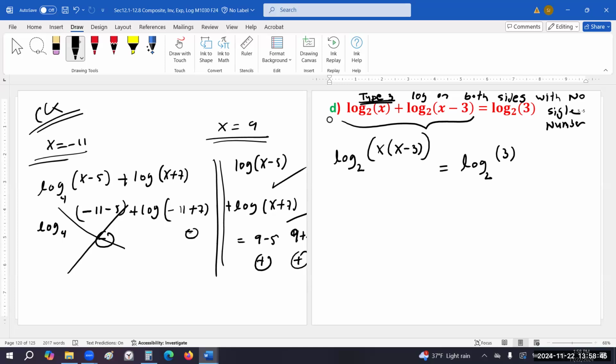What do you notice? We have the same log. When you have the same log, meaning log with the same base, cancel them. So we have x times x minus 3 equals 3.